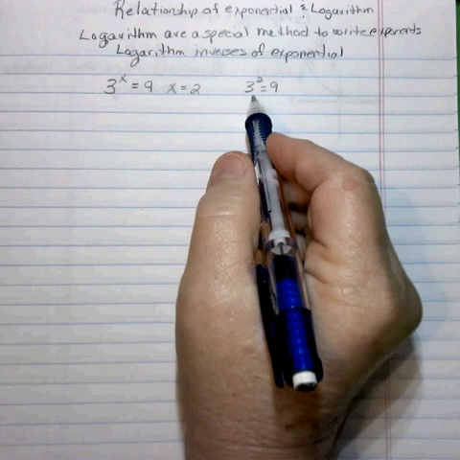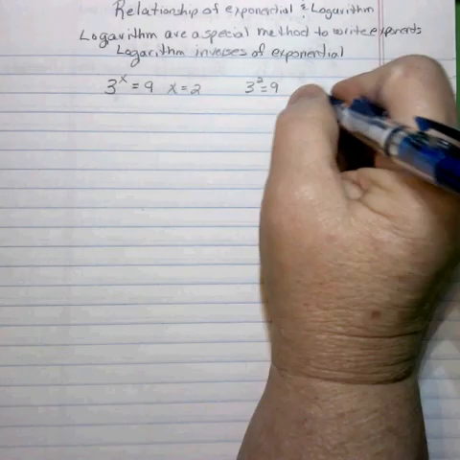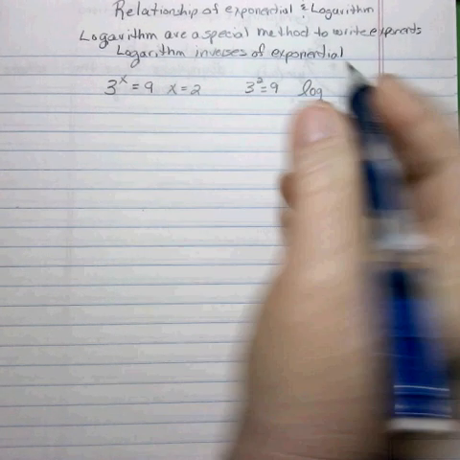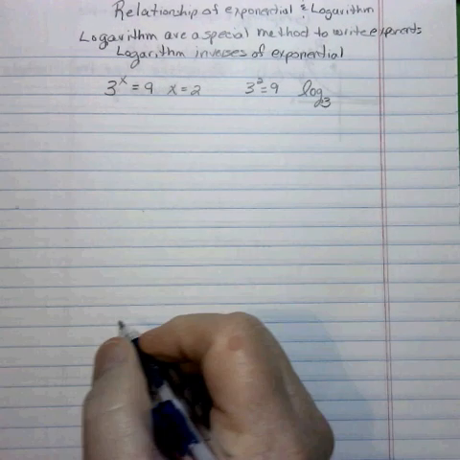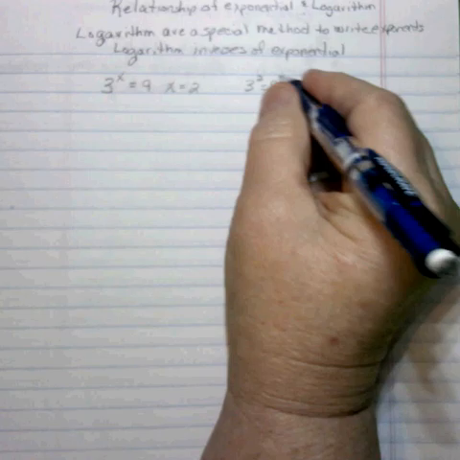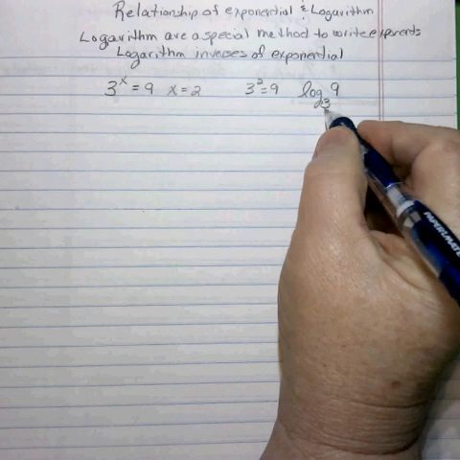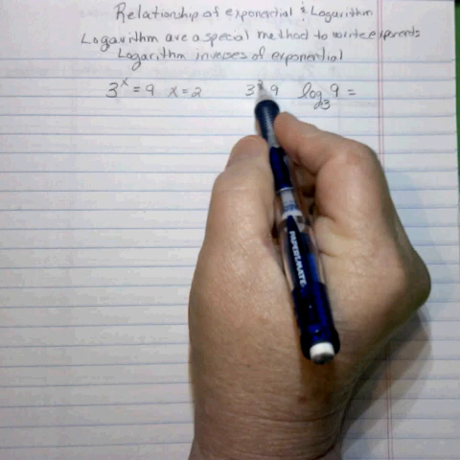Now if we wanted to rewrite that exponential problem as a logarithm, we would write log. The base of that exponent is 3, so the base of the log is 3. The answer that we got was 9, so we're doing log base 3 of 9 equals what exponent?